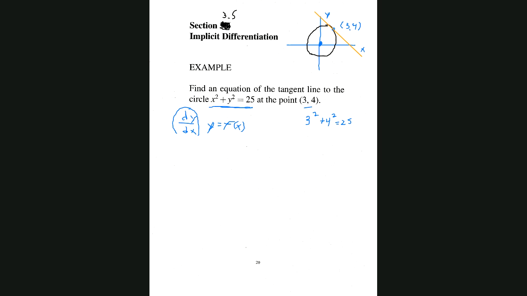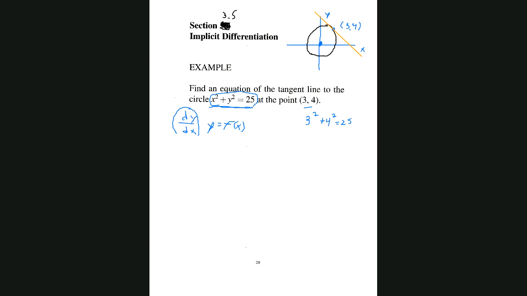Now, of course, we could solve x squared plus y squared equals 25 for y. We could. But there's another way to do this, and sometimes, incidentally, it's impossible to solve some equations explicitly for y.